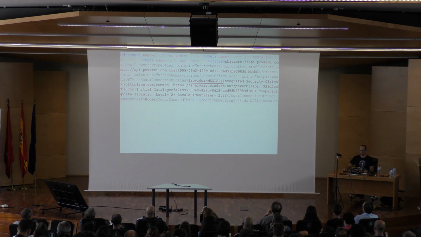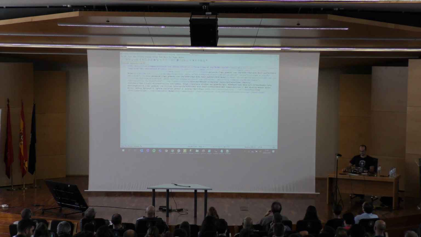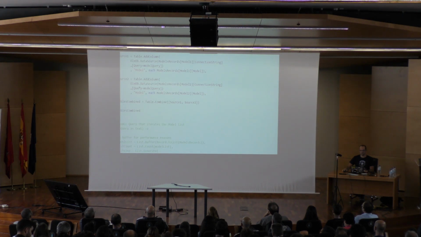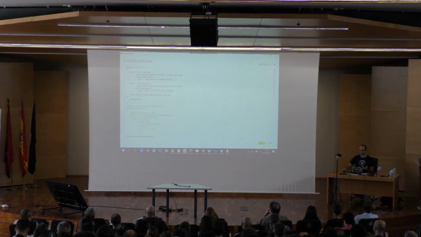You get this OLEDB connection, you just need to remove this part, and after that, you are able to use the OLEDB data source in Power BI to execute a DAX query, or in this case a DMV query over that model.